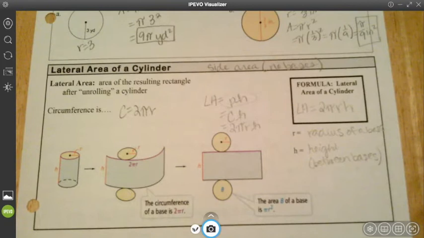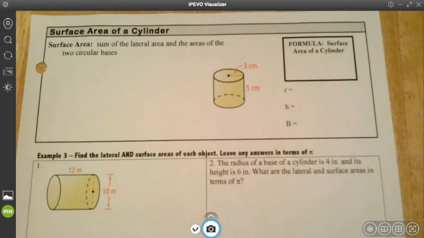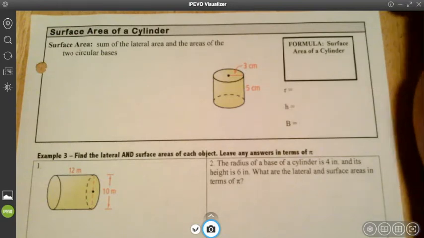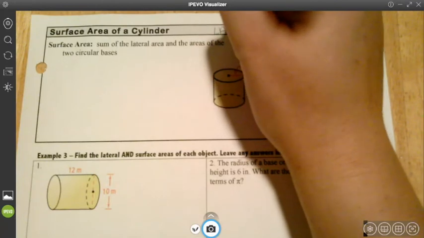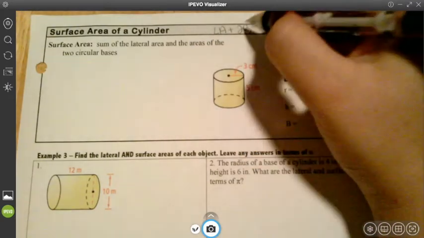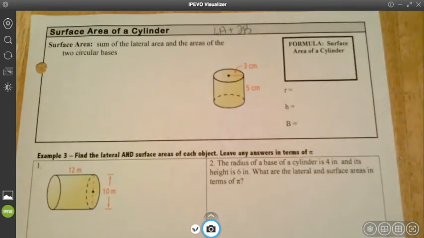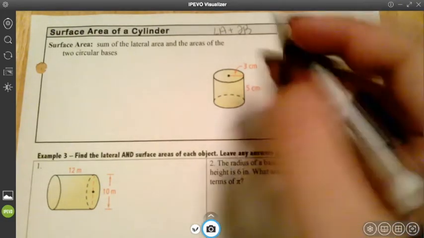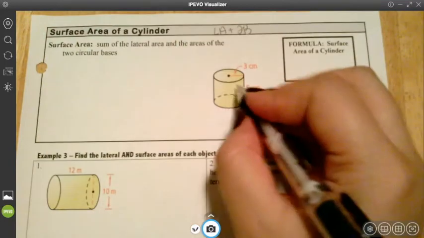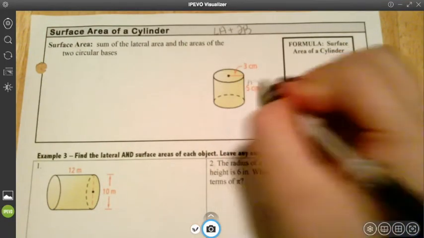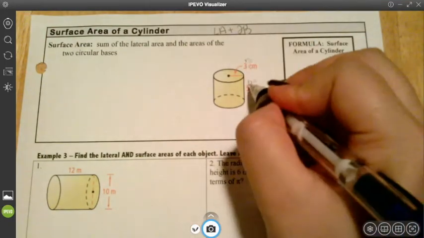Let's look at the formula for surface area. Surface area is when we're actually adding the bases in. So this is still the lateral area plus 2 bases, but now our lateral area is specific to a circle. If we're looking at a cylindrical shape, the height is 5, the radius is 3.